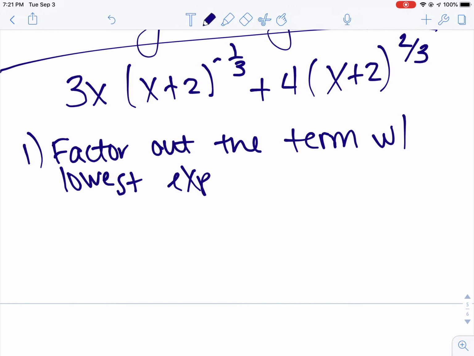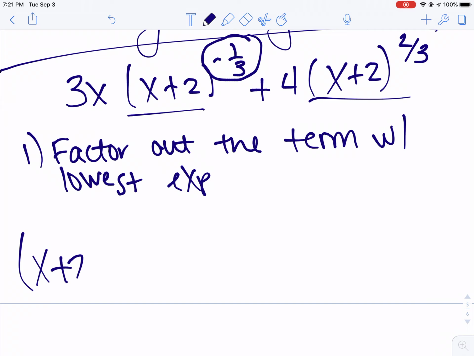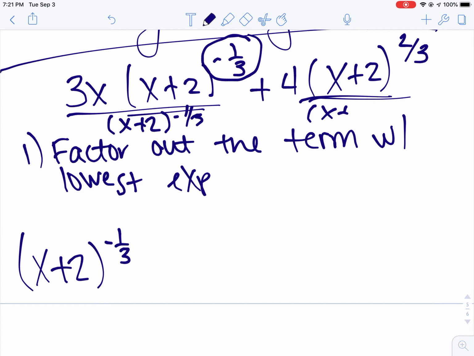In our example, these two are the terms in common. This one has the lower exponent because it's a negative 1/3 power. So I'm going to pull out the x plus 2 to the negative 1/3 power. This whole term gets divided by x plus 2 to the negative 1/3 power, and so does this one. So these cancel, and I'm left with 3x. That part was easy.